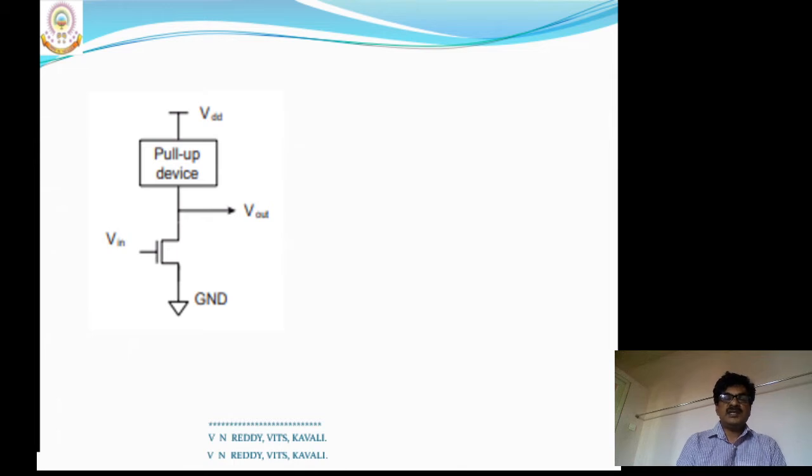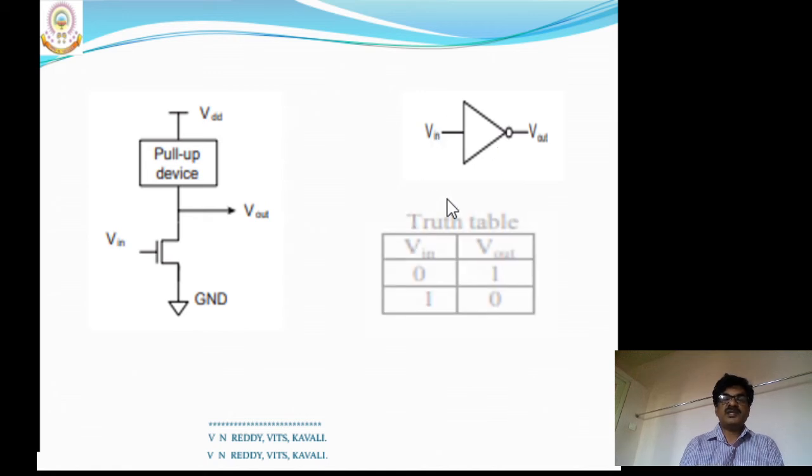Now tell me, what is inverter? That is, the circuit which complements its input is called the inverter. Simply, in terms of gate, you can say the NOT gate is the inverter. This is the symbol for the NOT gate. And the truth table with reference to NOT gate is like this.